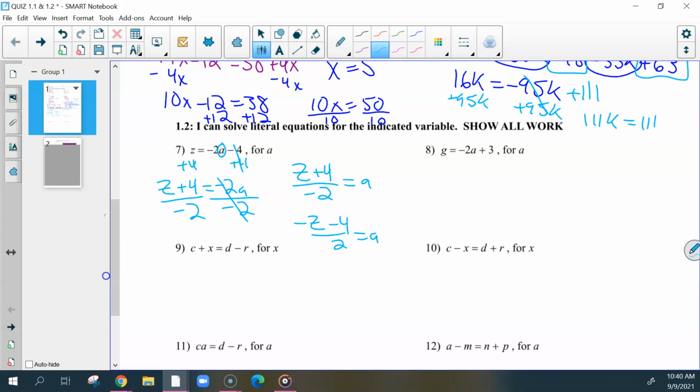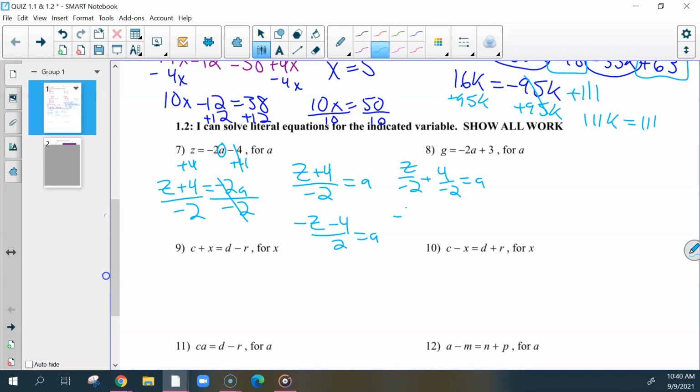If you had tried to simplify it, like actually divide the 2, that would have worked if you remember to separate it. So I'm going to go back to the original. Z over -2 plus 4 over -2. If you separated it, then you could simplify the 4 and the -2.